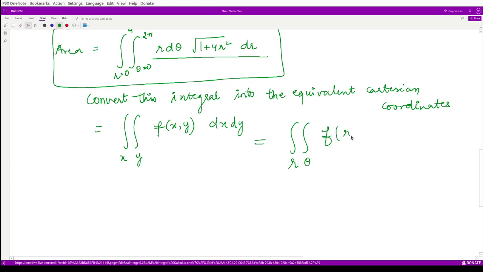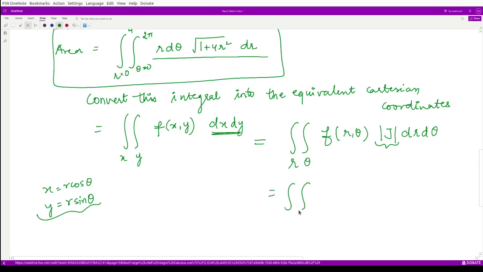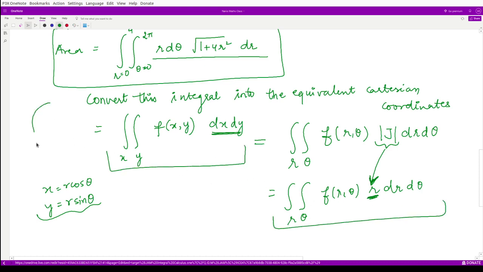So this function now becomes a function of r and θ, and instead of dx dy we write the Jacobian, and here dr and dθ. Now the Jacobian, when you take x equal to r cos θ and y equal to r sin θ, is equal to r. So accordingly you get the limits of r, θ, f of r, θ, r dr dθ. This is the value of the Jacobian, which we have already calculated, right? So this integral becomes equal to this integral. So this is the conversion.